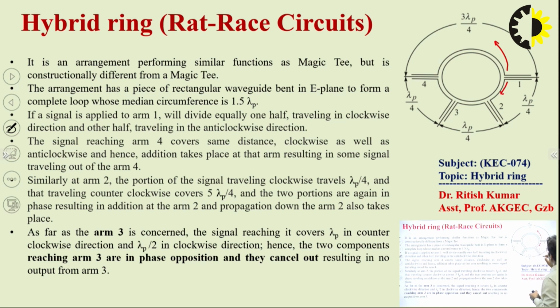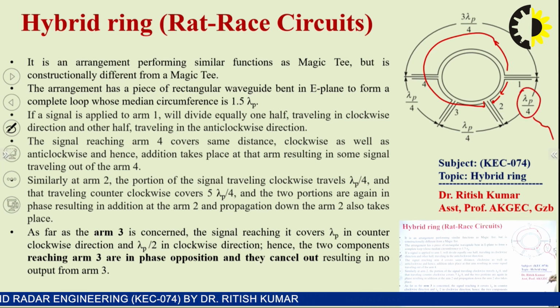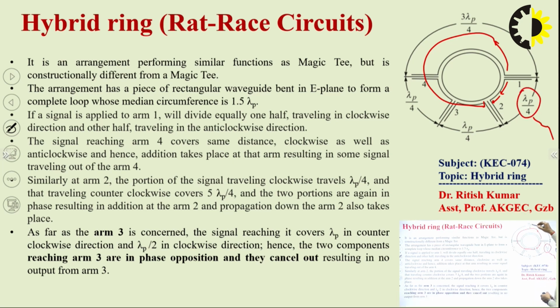So at port number 2 we will have the power from this direction and from this direction as well. The path difference between these two paths is lambda p by 4, while for the other case the total travel path is 5 lambda p by 4.